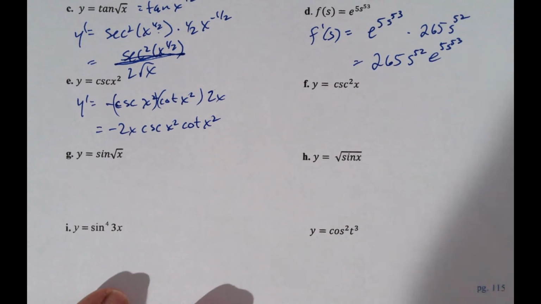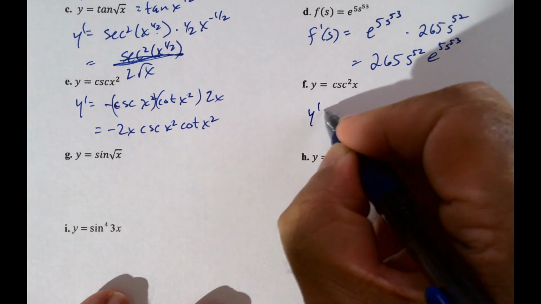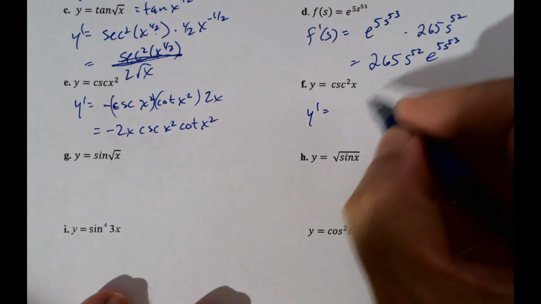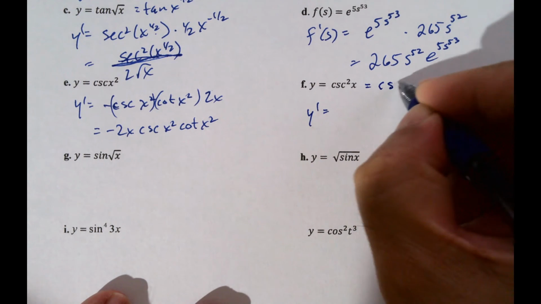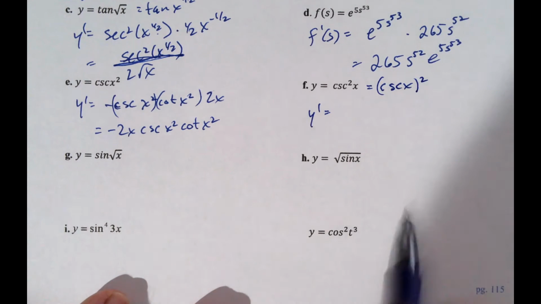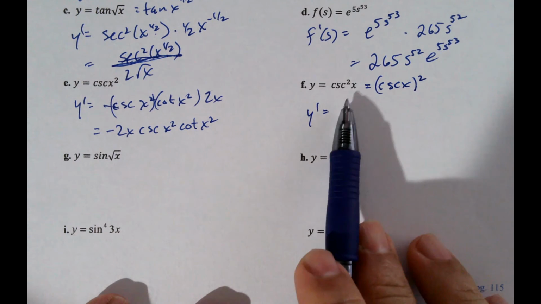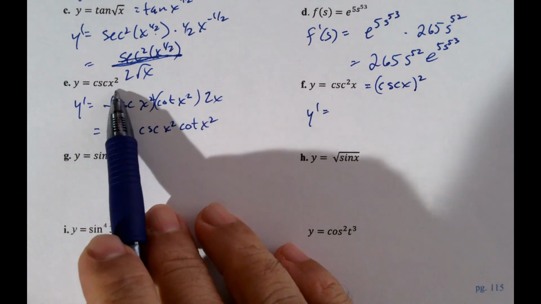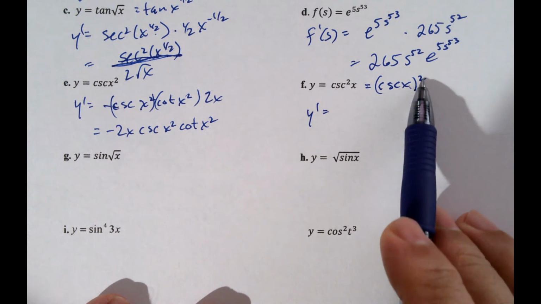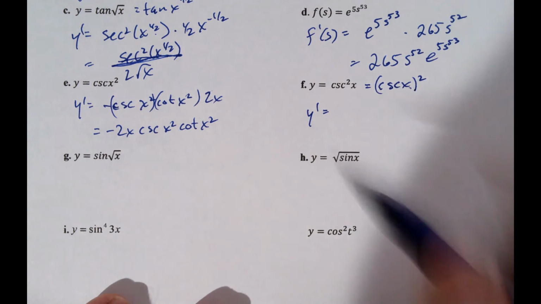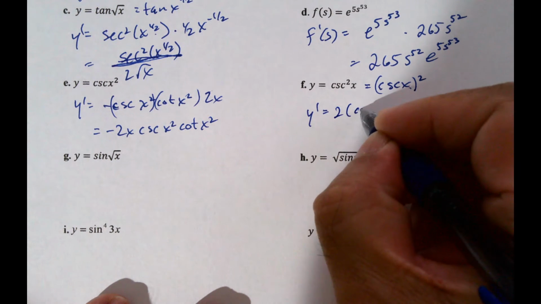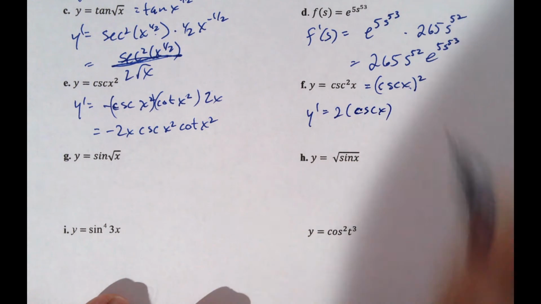Continuing, y prime, derivative of cosecant. Let's do a rewrite first. This is cosecant x to the second power. So this is the chain rule, right? You might have thought, because that one had chain rule, this one has chain rule. So I'll do the outside exponent first. So it's 2 times cosecant x, keeping the inside.